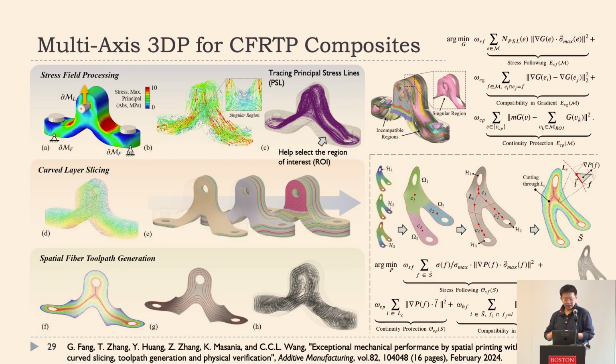With the help of that, as you can see here, in this continuity-reinforced toolpath generation, we're able to generate pretty much continuous fiber toolpaths inside the whole domain, but the formulation itself is still quite similar to what we did before. The only thing is that we need to enhance the continuity of the toolpath. So it turns out you have continuous carbon fibers going inside the solid, simply put, serving as a tendon inside the muscle, something like that, right?